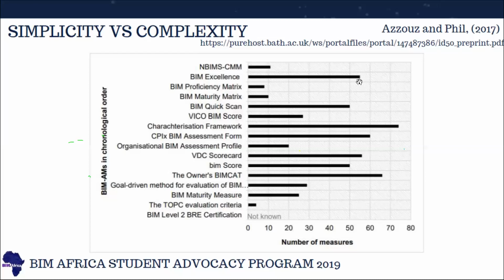The disadvantage of being simple is that it might not be comprehensive. What complexity does is cover a wide range of aspects.